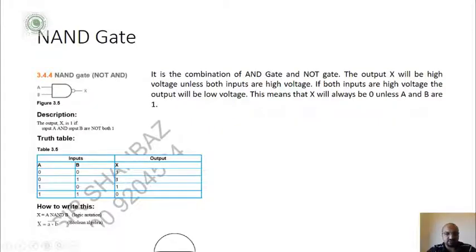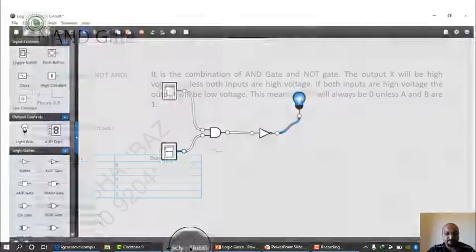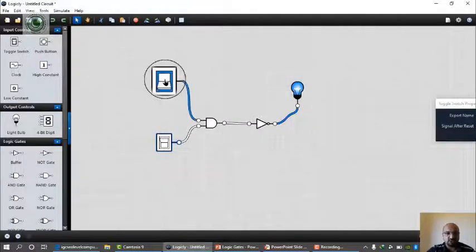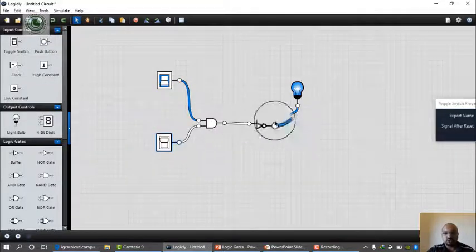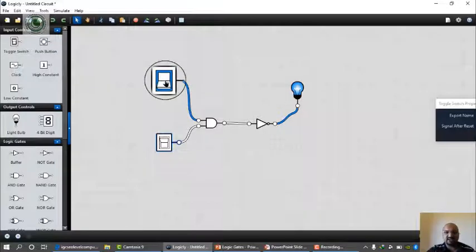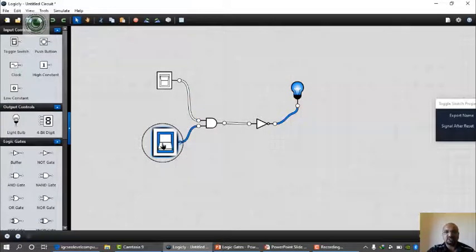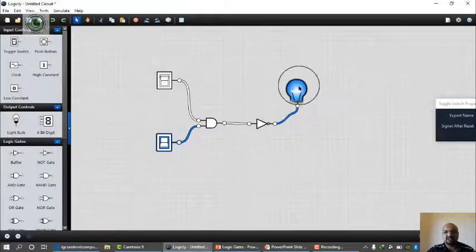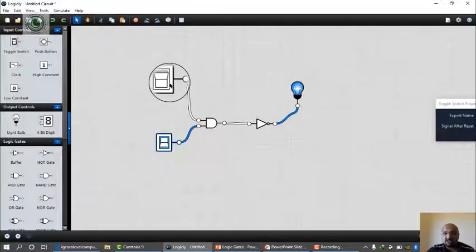Now let's see about it. If A is on, B is off, the result is 1. Now what will happen if A is 0, B is 1? Again we are getting 1. Now the fourth scenario, when both are high voltage, meaning both are on.